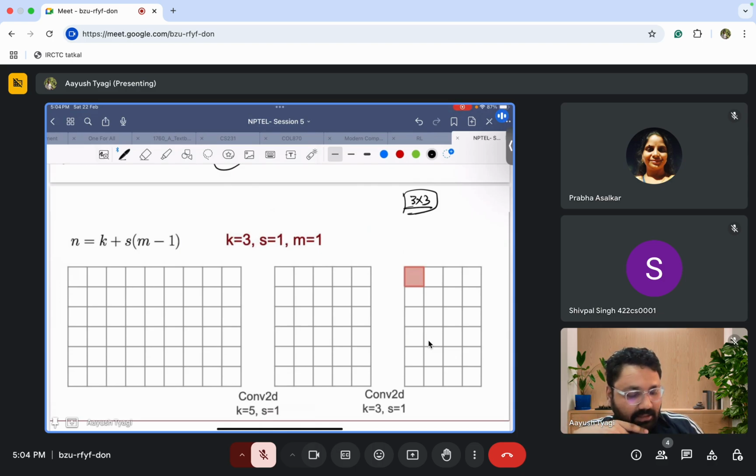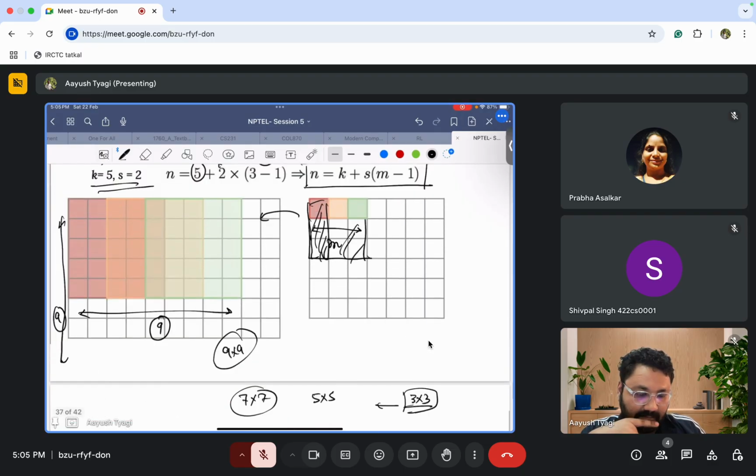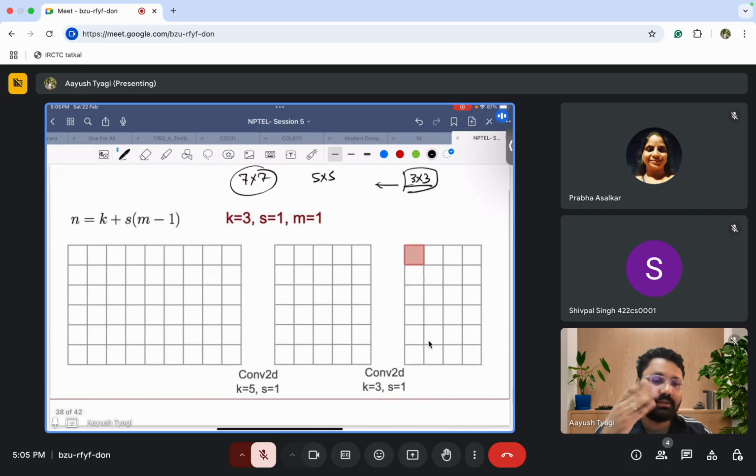So instead of keeping the filter size of 5 cross 5 or 7 cross 7, what people generally do is use a 3 cross 3 filter and make it multiple layers. So suppose there are 3 layers, the neuron at the third layer will be seeing a receptive field which is similar to when you are doing a filtering with a 7 cross 7 kernel. So it basically saves the number of parameters as well.